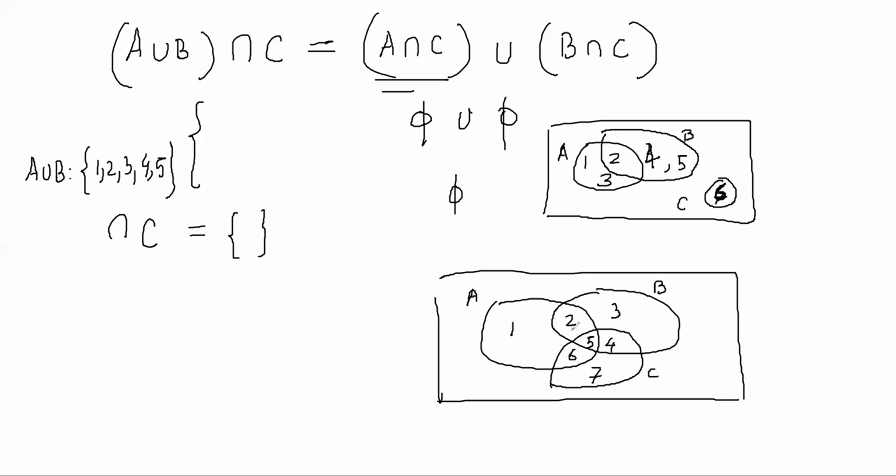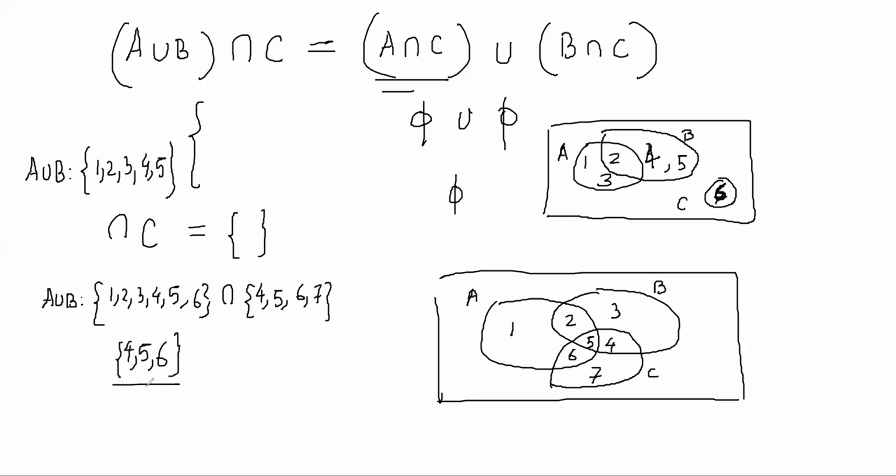Let's find out A union B. A union B is 1, 2, 3, 4, 5, 6. An intersection with C, where C is 4, 5, 6, 7. The intersection of these two is what? 4, 5, 6. Right?